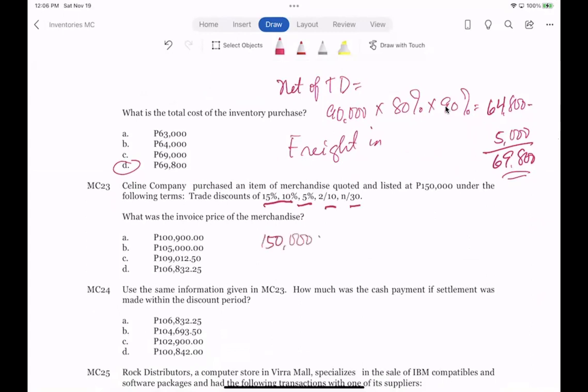That is 150,000 times 85% times 90% times 95%, deducting the discount rates of 15%, 10%, and 5% from 100%. Therefore, that's 150,000 times 0.85 times 0.9 times 0.95, so that is 109,012.50.